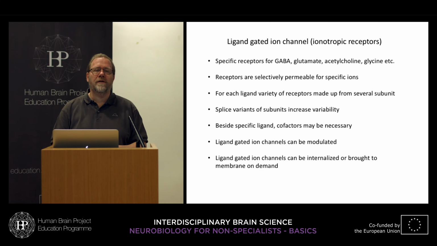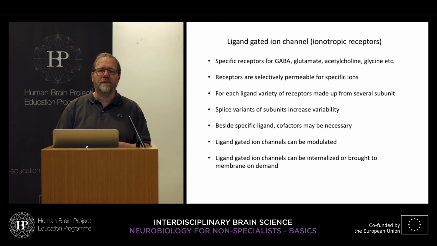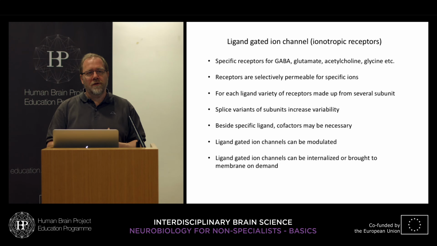NMDA receptors, which are one of the classes of glutamate receptors, need membrane depolarization to remove a magnesium ion which blocks the channel. Only on depolarization is this magnesium released and the ion channel open for flux.